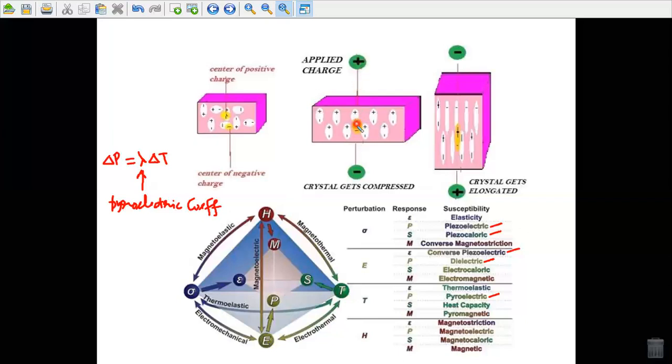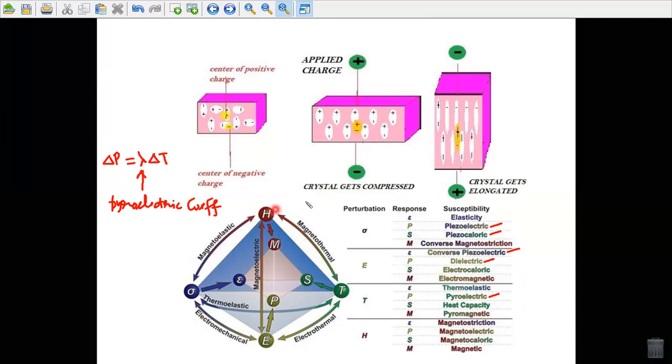These charges are separated enough to develop an electric field, a voltage difference, which we call piezoelectricity or the inverse of piezoelectricity.